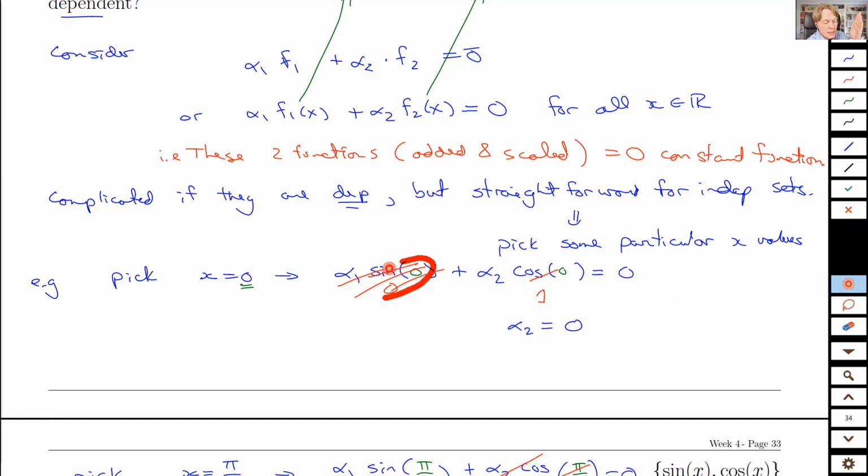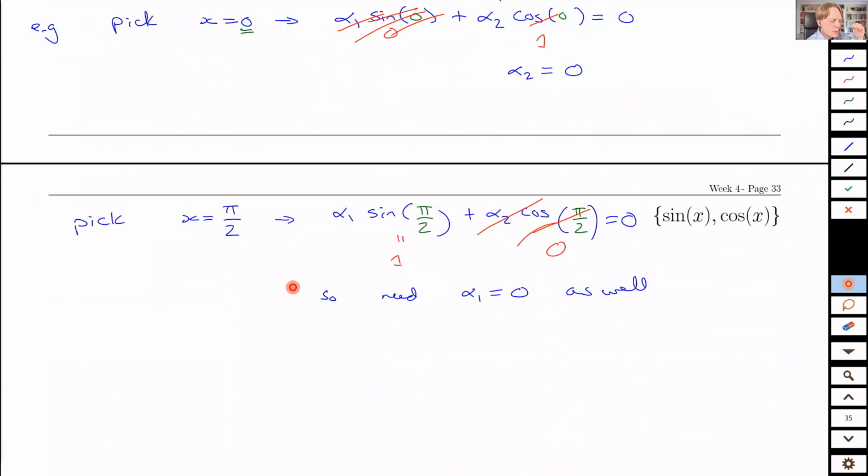Well, the sine function is already 0 there, so I can kind of leave it out. But the cos function has a 1. So if I want to get rid of that 1, I have to pick alpha 2 to be 0. So I kind of have to squish the cosine function down to achieve that goal that I want of a 0 value everywhere. Then you realize pretty quickly, if I look a little further along at pi over 2, the only way to get my sine function and my cosine function to squish down to 0 with a multiple is to have the sine function also squish down to 0 all the time too.